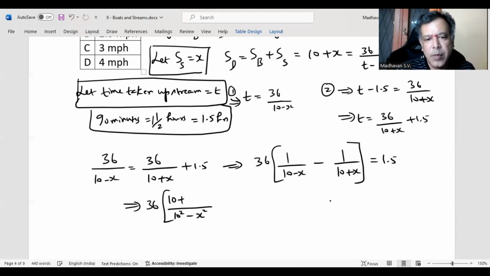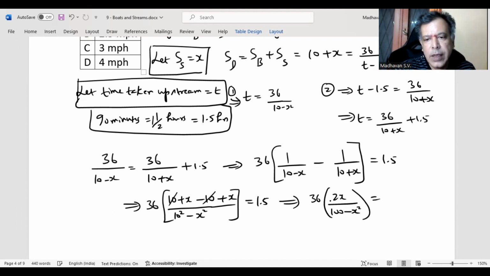So here it is 10 plus x minus 10 plus x, equated to 1.5. So we can cancel the 10 and 10. We have now 36 times 2x divided by 100 minus x square equated to 1.5.